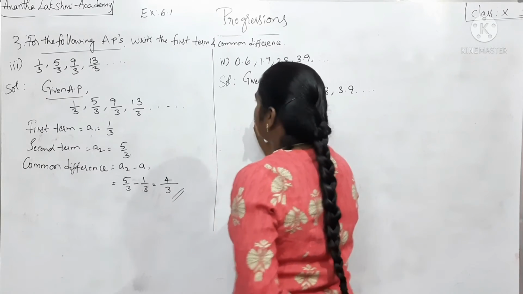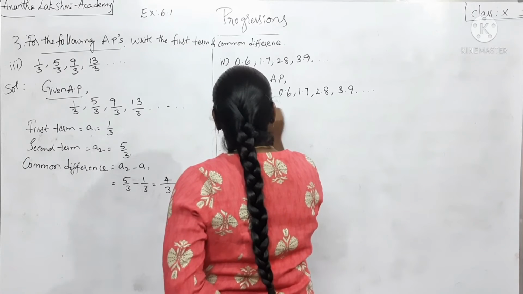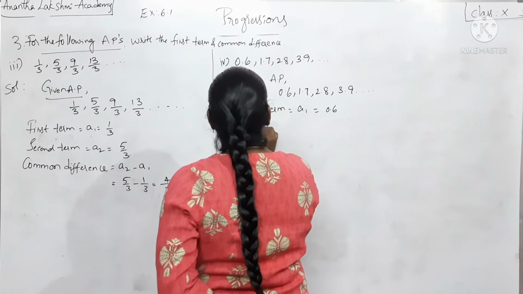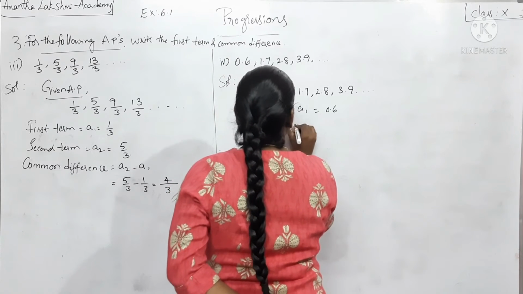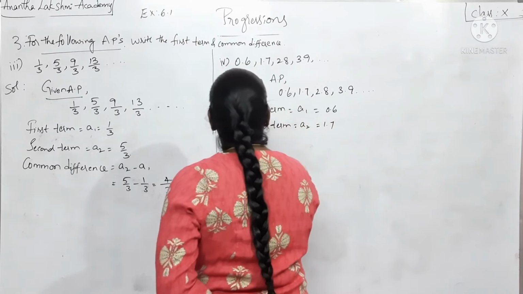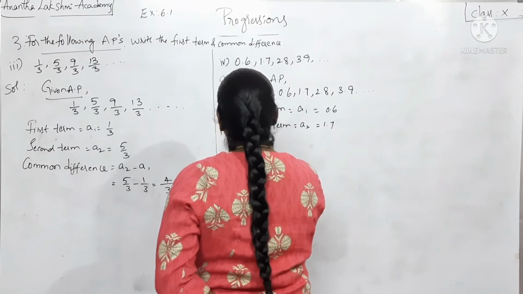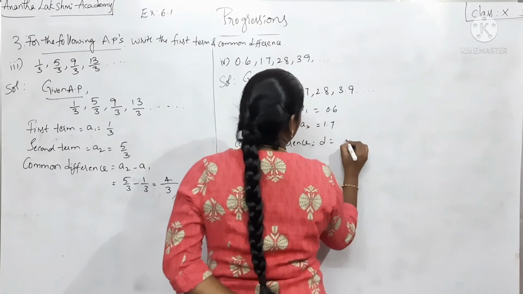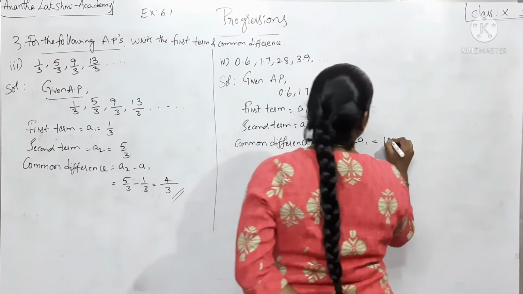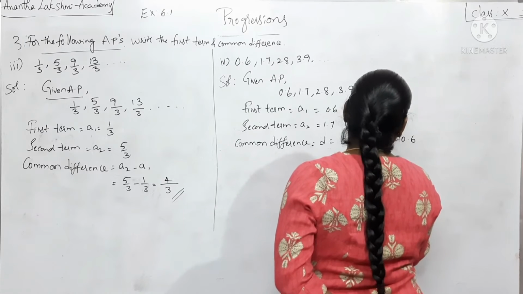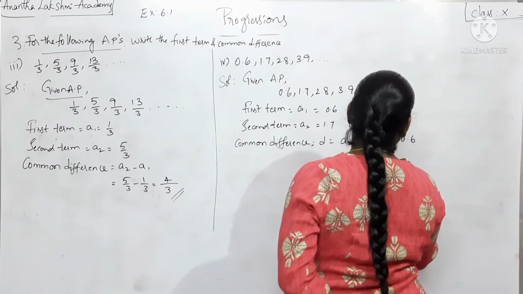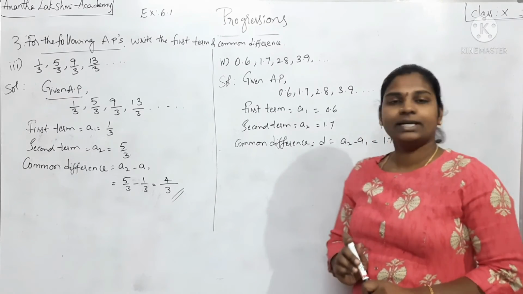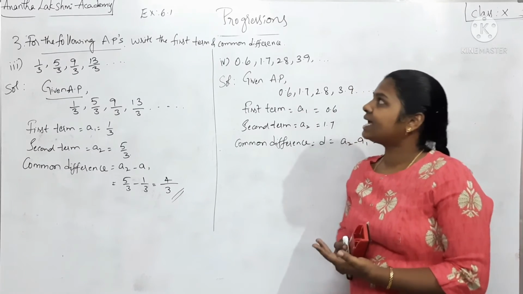So here the first term A1 is equal to 0.6, second term A2 is equal to 1.7, and common difference, which is nothing but D, is equal to A2 minus A1, which is nothing but 1.7 minus 0.6, is 7 minus 6 is 1, and this is 1. So the common difference is 1.1. Alright, that is about third problem in exercise 6.1.